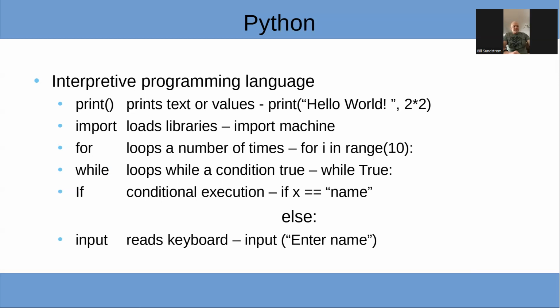And then you have your for loops, while loops, conditional ifs. So you've got if a condition such and such or else you do something else. There's an input command which lets you, kind of the opposite of print, read a keyboard input so you can have an interactive program. So with just those fundamentals, you can do some fairly powerful little programs.